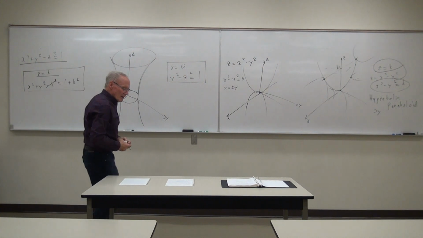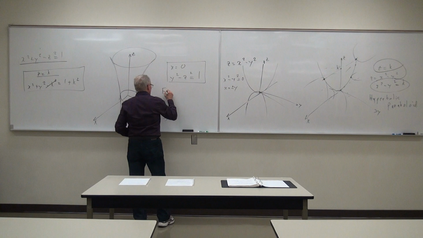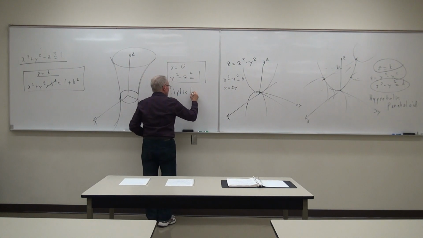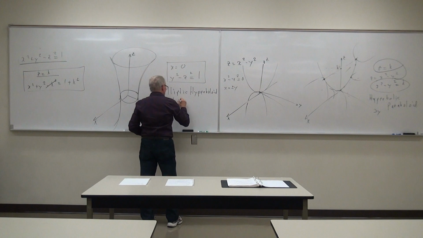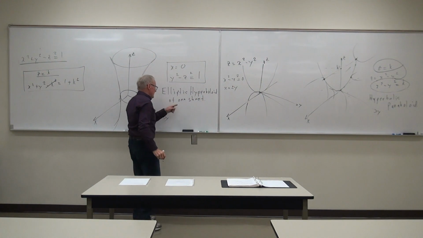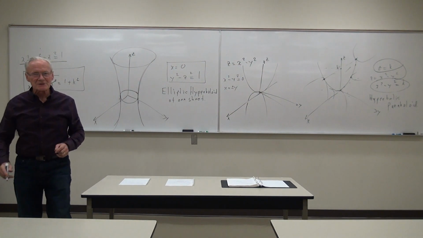What do we call it? We call it an elliptic hyperboloid of one sheet. Having said that, you probably guessed there are going to be others that are not one sheet. That's coming in a minute.